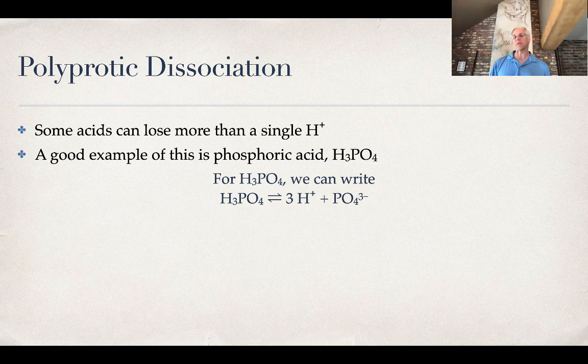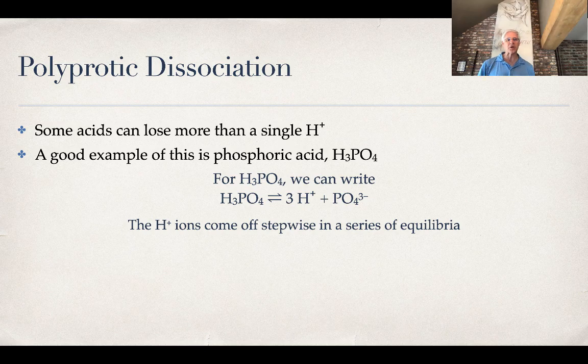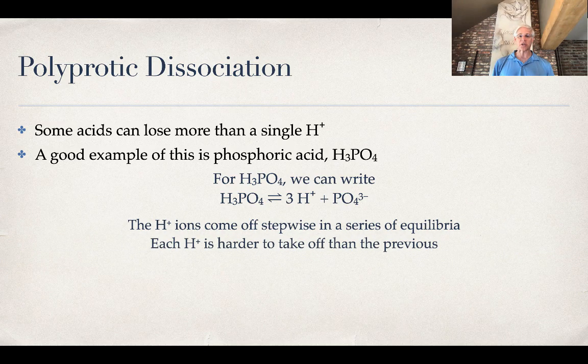Now we have to be careful when we look at this reaction, because it looks like we put phosphoric acid into solution and off come 3 hydrogens into the solution. And it doesn't quite work that way. What actually happens is that those hydrogen ions come off in a series of equilibria, and the equilibrium constant for each hydrogen coming off changes, and each hydrogen, it turns out, is harder to take off than the previous one.